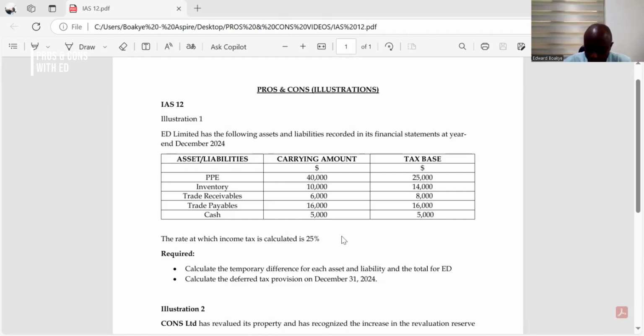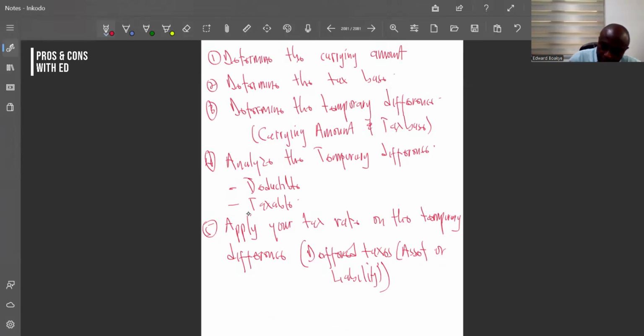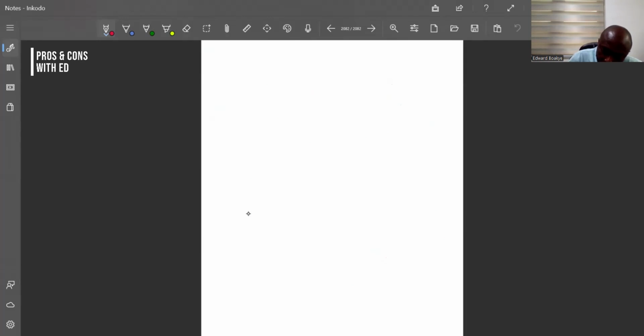In our illustration 1, we have the asset PPE, inventory, trade receivables, and then we also have trade payable.